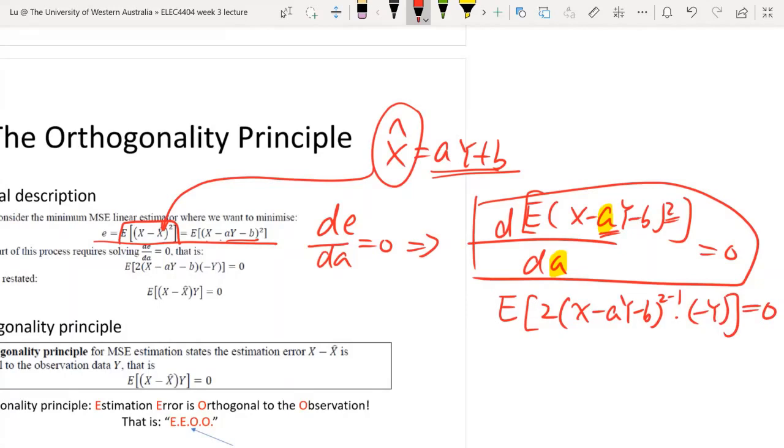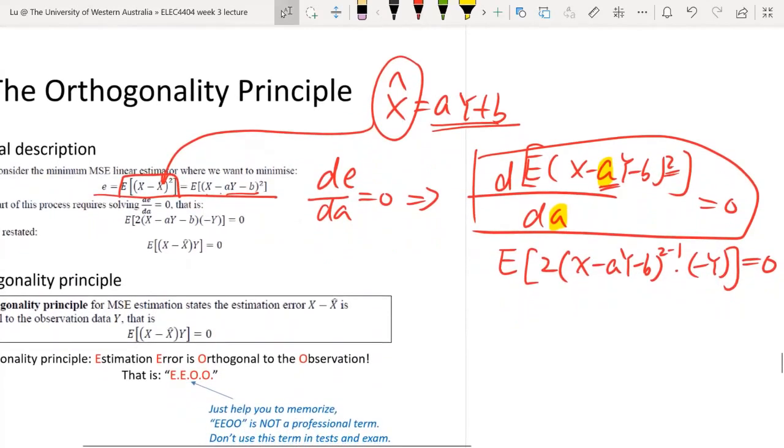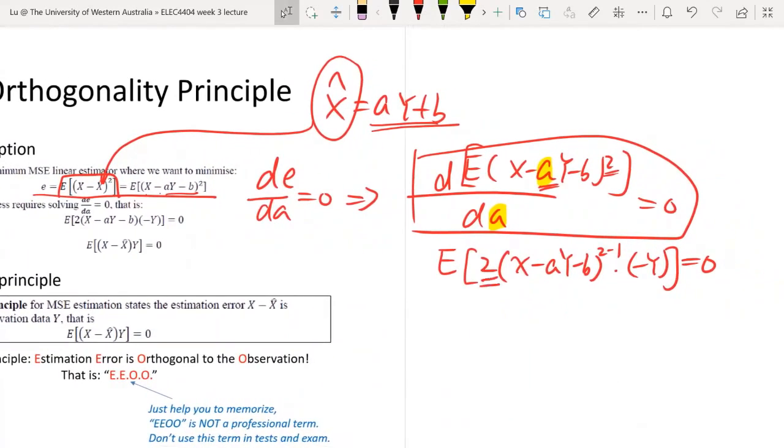And then let's just remove some constants. Number 2 is a constant, nothing related to random things. So the expectation of such a thing has no relationship with number 2. So we can move number 2 out and divide by 2 on both sides. So this thing is gone. So we remove this 2 here. 2 minus 1 is 1, so we don't need to worry about that.